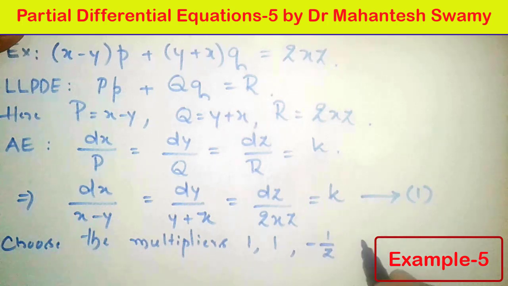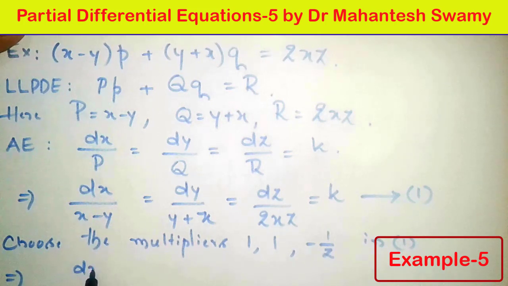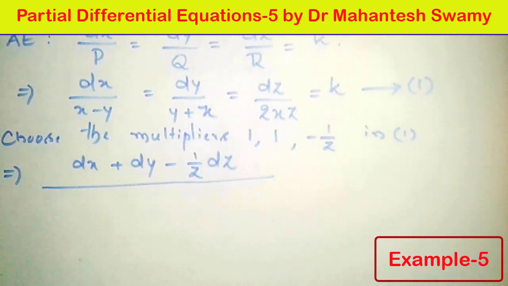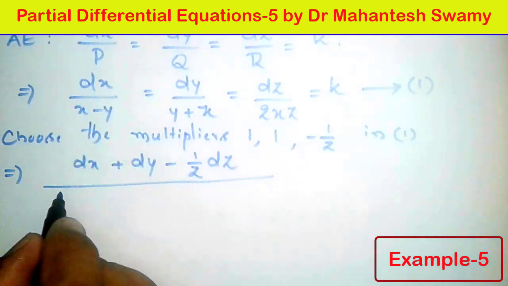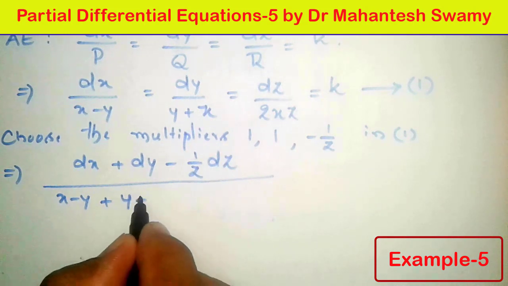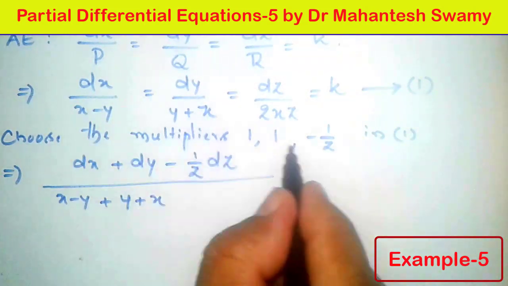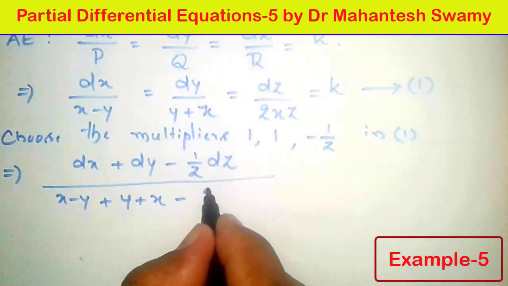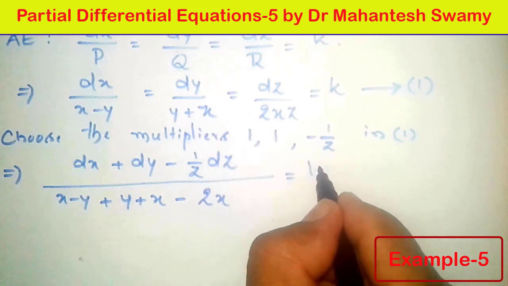So if we use these multipliers, that implies 1 dx, that is dx, plus 1 dy, that is dy, minus 1 by z dz, that is minus 1 by z dz in the numerator, divided by the denominator, which looks like x minus y, we are multiplying with 1, plus y plus x, so 1 1, we have used two multipliers, minus 2xz divided by z, it is minus 2x remaining, and on RHS k is remaining.